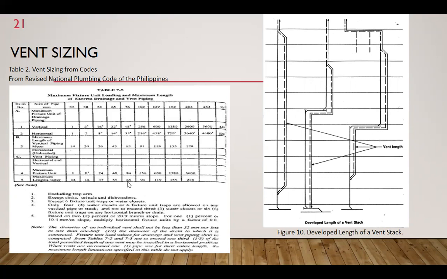Siyempre, pipili ka. Kung 80 fixture units, papasok ka din sa 84, ang gagamitin mo 3 inches. So, since 3 inches, 65 ang maximum length. Kaso yung sinukat mo, 70. So, pupunta ka dito sa 4 inches. Okay? Yan ang sizing.